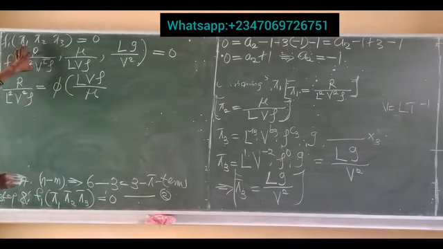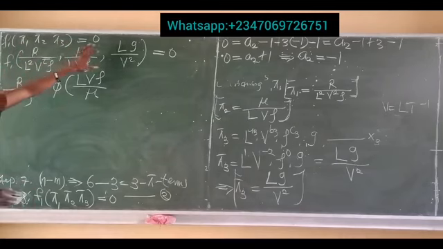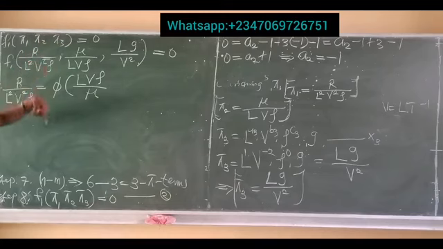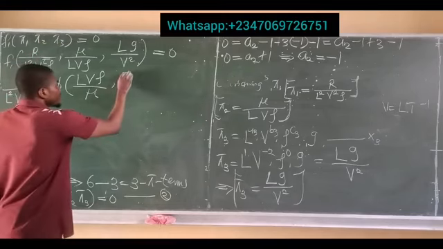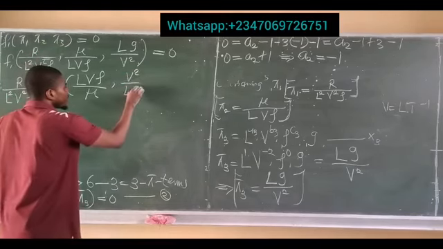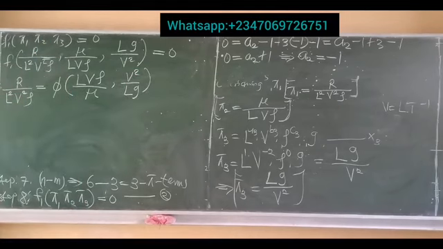Immediately you pull out R from this bracket, then this rearrangement will change. The denominators will move up and numerators will come down. Same thing here. This becomes V squared all over L times G. You have something like this.